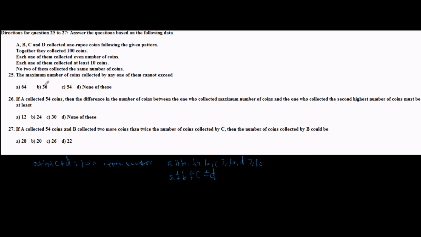So they have 100 coins. They have asked the maximum number of coins collected by any one of them cannot exceed what. So one of them will get maximum coins if the other three get minimum coins.